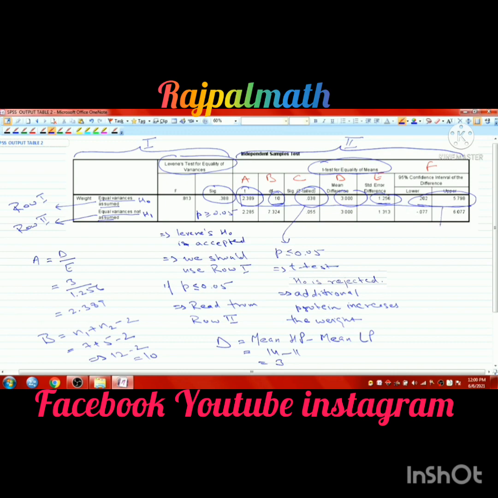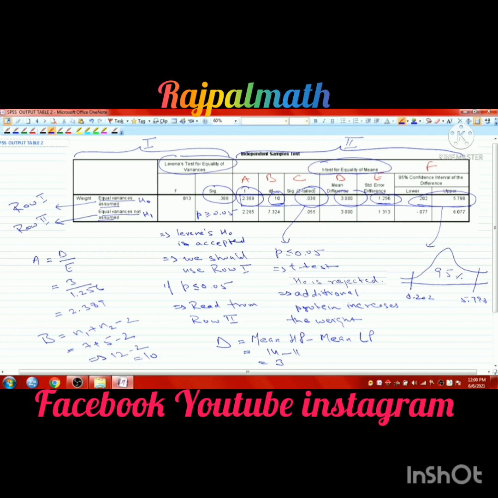Then the last column is the confidence interval. The lower critical value and upper critical value are given at 95% confidence interval: 0.202 and 5.989.